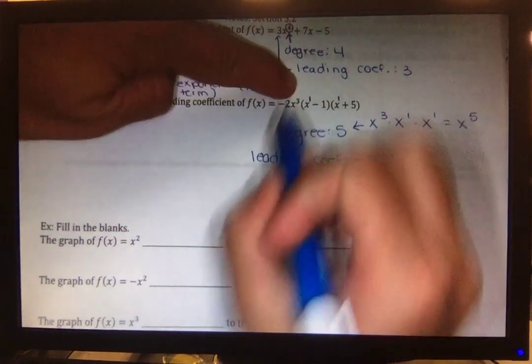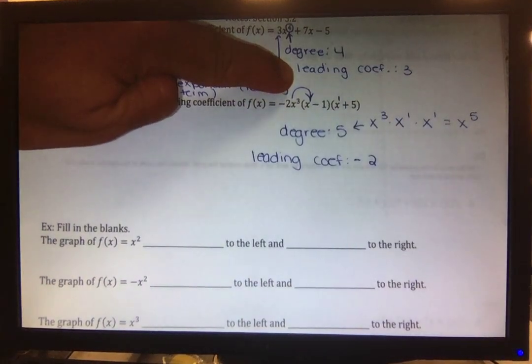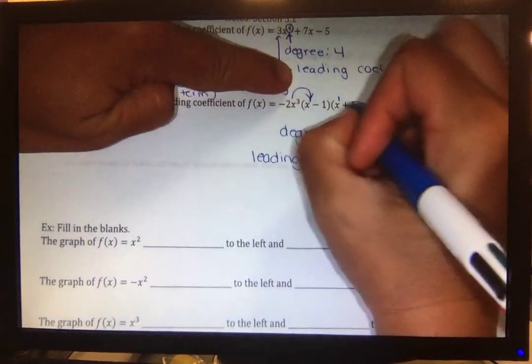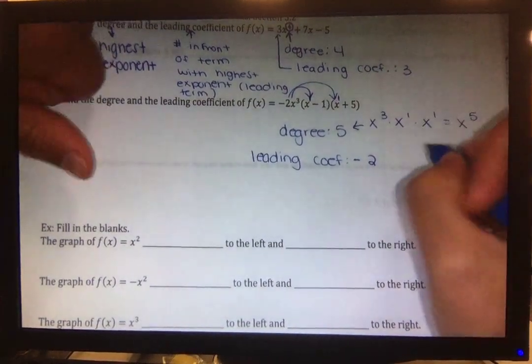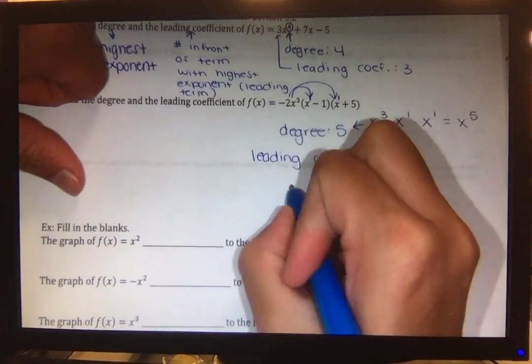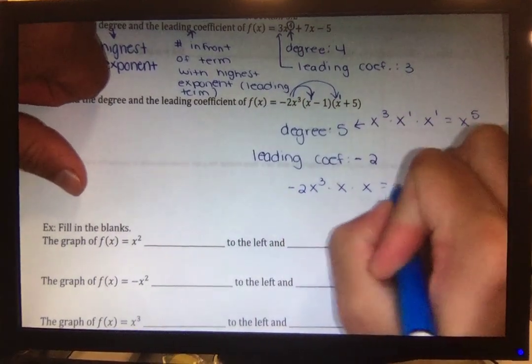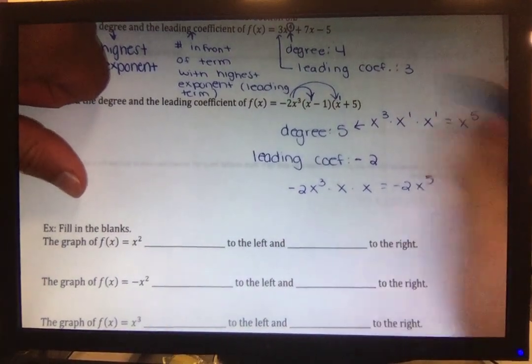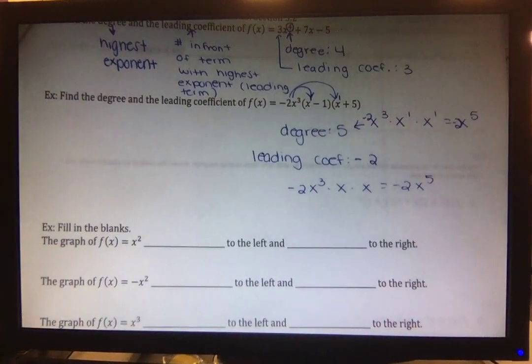Negative 2, because negative 2x cubed times x would be negative 2x to the 4th, times another x would be negative 2x to the 5th. So it's still just going to be negative 2. So you want to put a little negative 2 out there. So just the numbers outside of the highest exponent.